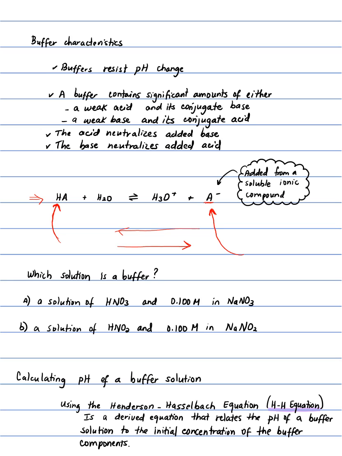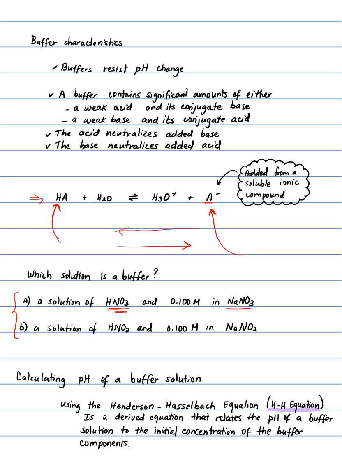So if you're looking at my two options here, A and B, in which solution do you have a buffer, or with which compounds can you actually prepare a buffer? In letter A, I have nitric acid and sodium nitrate. Now, two things for you to have a buffer: a weak acid with a compound that contains the same conjugate base or negative part as your weak acid. That part here is true.